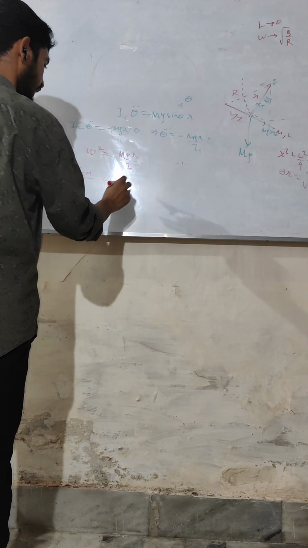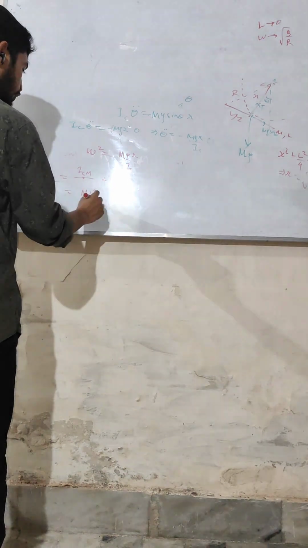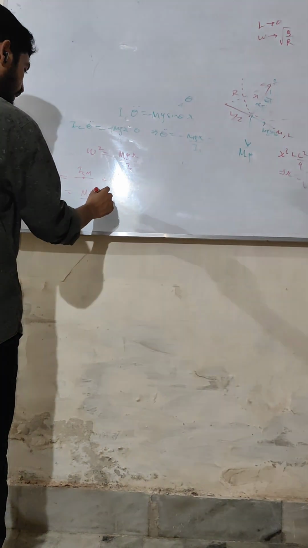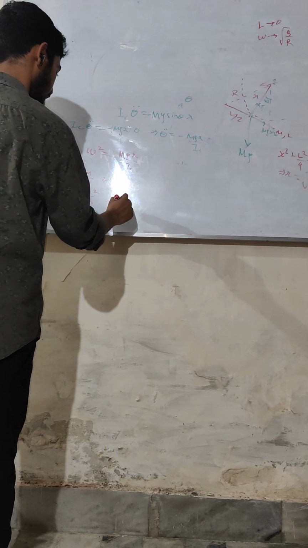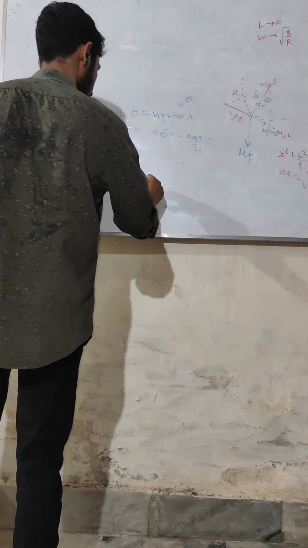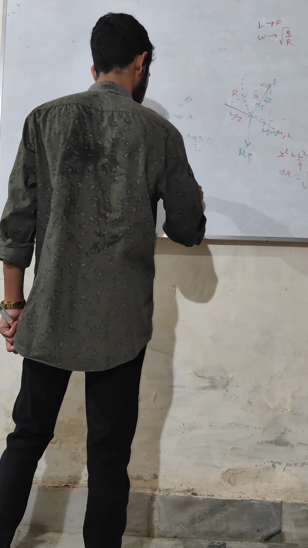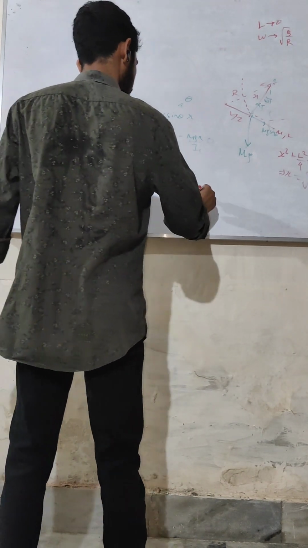So I about the point x, right? This is a standard result which will be ml squared by 12, and this will be mx squared. This is the application of the parallel axis theorem, right? So this gives you IC as ml squared by 12 plus mx squared.